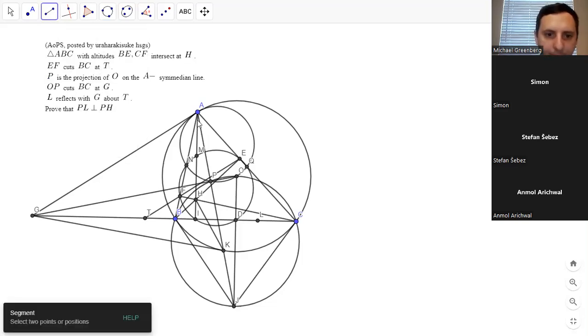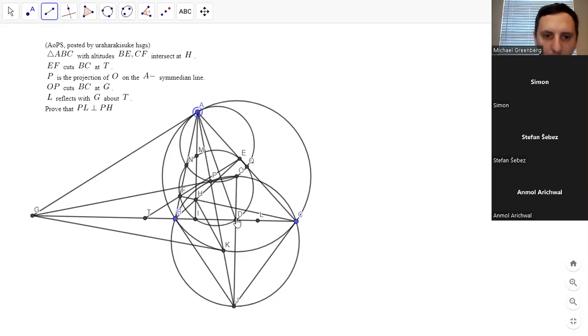So we could also draw the perpendicular from H to AD. That would be the Humpty point. I don't know if that would help.